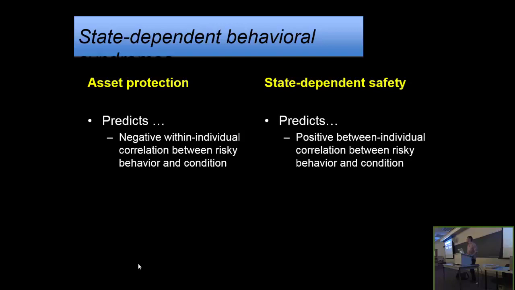That's not to say there may not be within individual correlations if state-dependent safety is at play, but we have these primary predictions at these different levels we can evaluate to see whether the asset protection hypothesis for state-dependent safety seems to be affecting behaviors here.